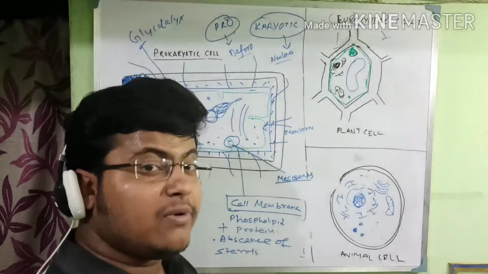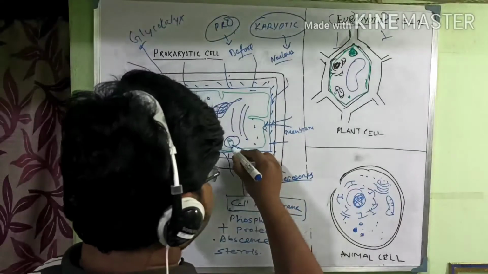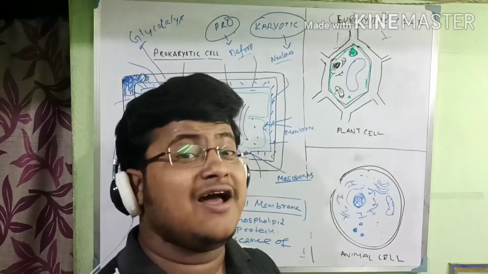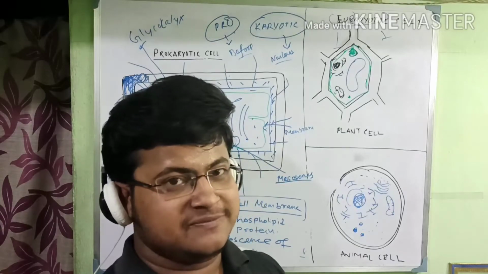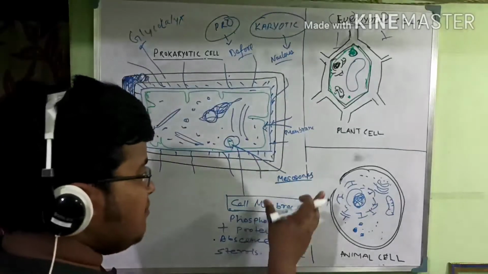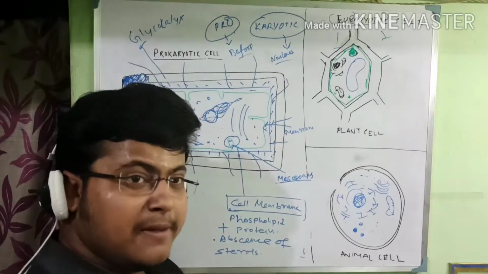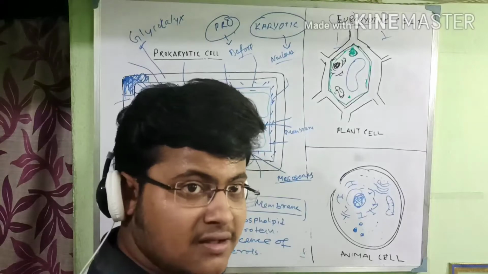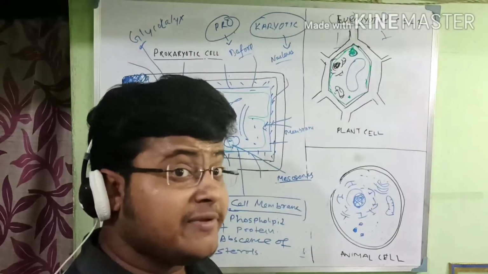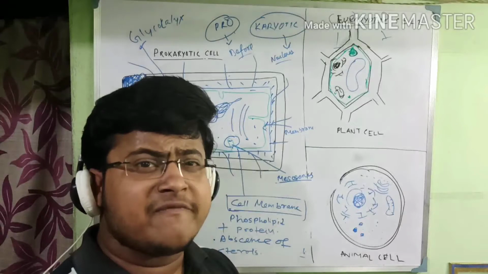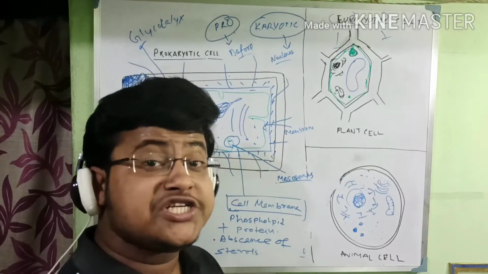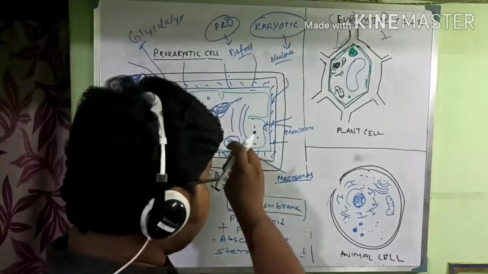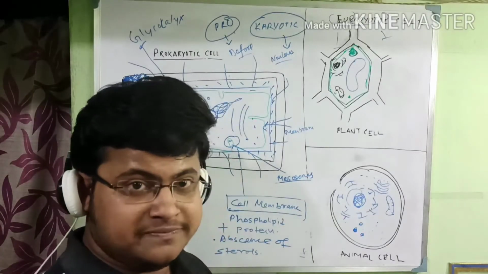So what is the job of the mesosome? The mesosomes are known as the mitochondria of the prokaryotic cell, the bacterial cell mitochondria. They are analogous to the mitochondria because they contain various enzymes needed for the formation of the cell wall, as well as enzymes required for DNA replication.